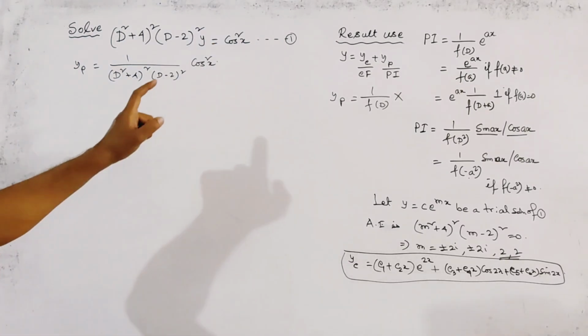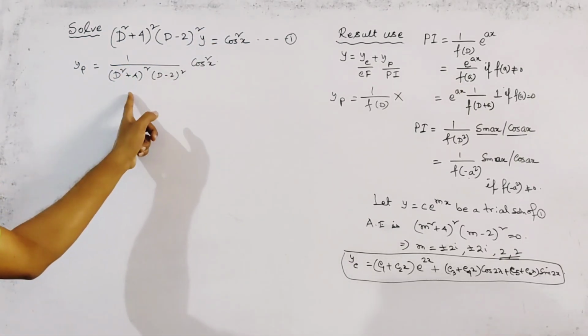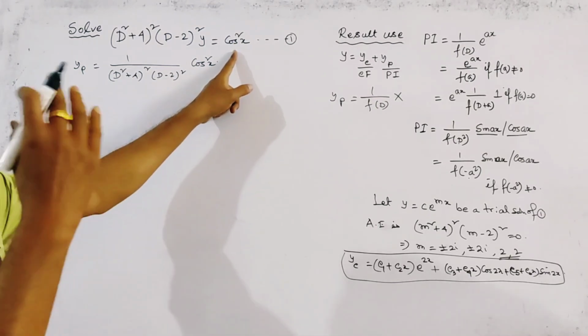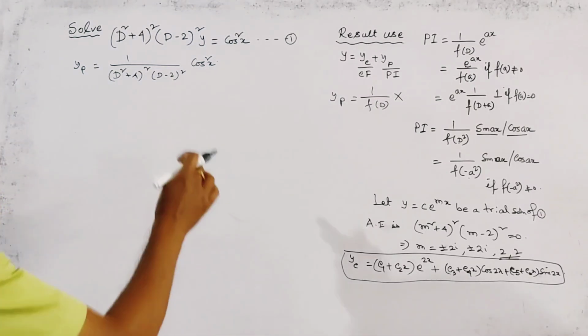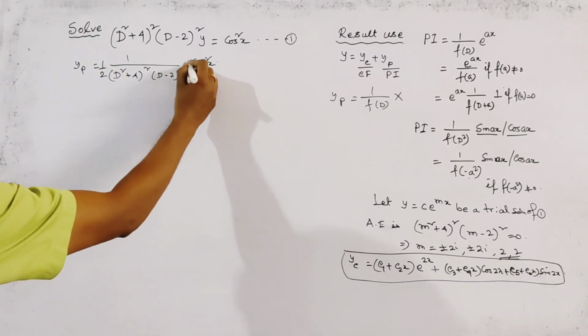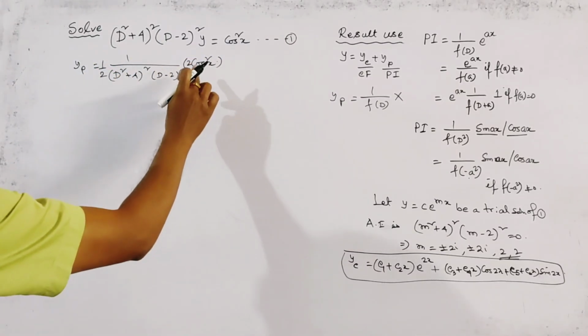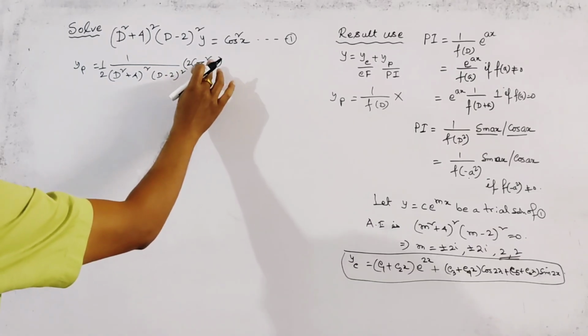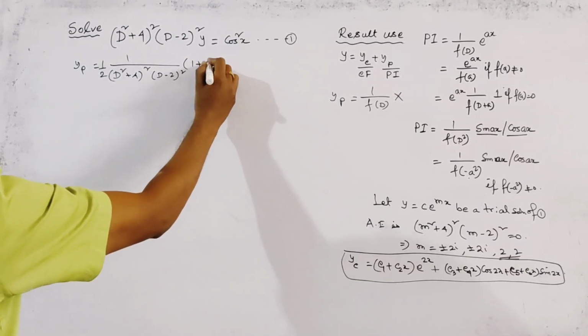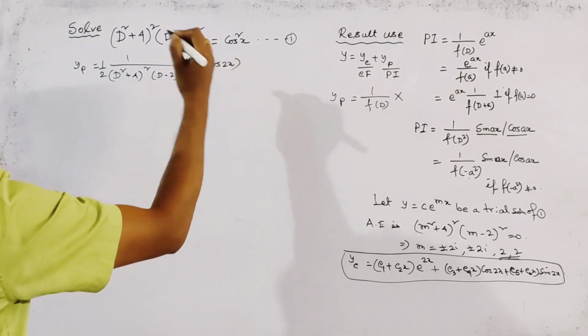But there is no rule to find the particular integral if there is any power of a trigonometric function. So we write this as half into 2 cos square x. The formula of 2 cos square x is 1 plus cos 2x.